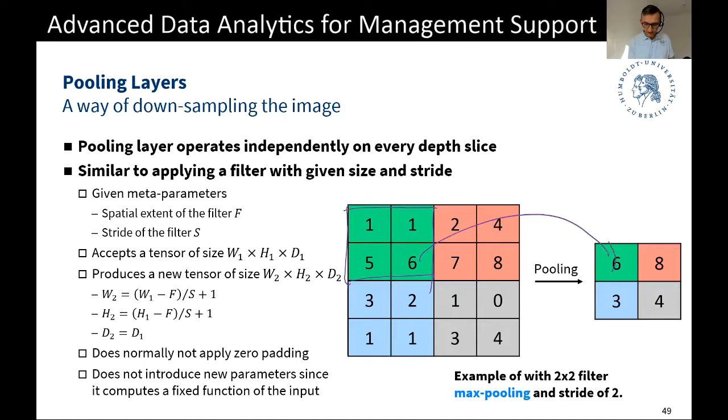Easy. Colors show us what's going on here. But you could also average over the numbers. That would be average pooling. And then, deciding on the size of this pooling filter and the stride, you can control the output dimension as you could before. Same equations here. This also emphasizes that this is just filtering.